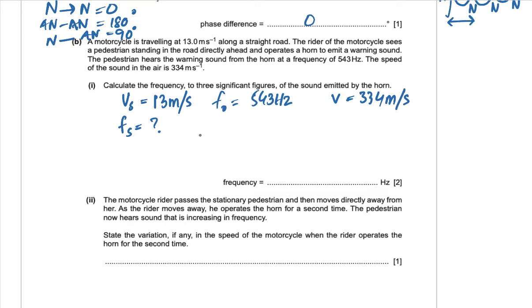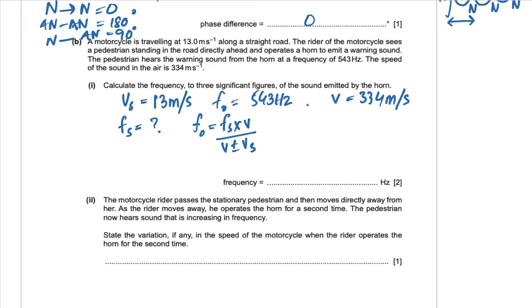Now there is this formula in your subject course that says observed frequency is equal to frequency of source times the speed of sound in air divided by the speed of sound in air plus or minus the speed of the source. Now plus or minus depends on whether the object is moving towards or away from the observer.